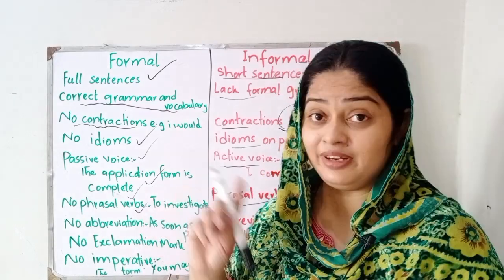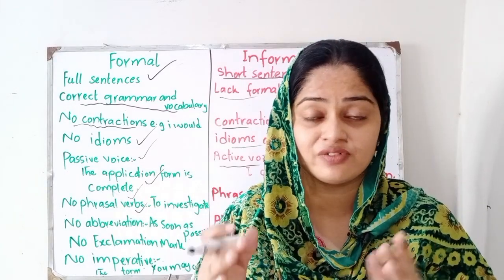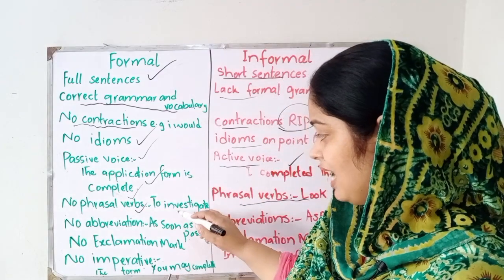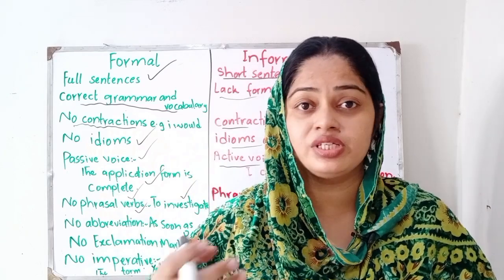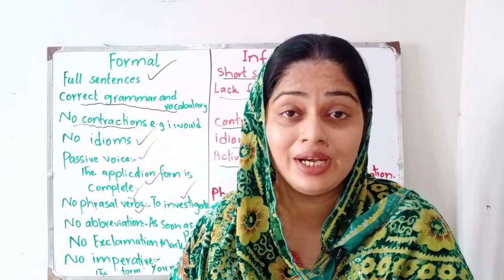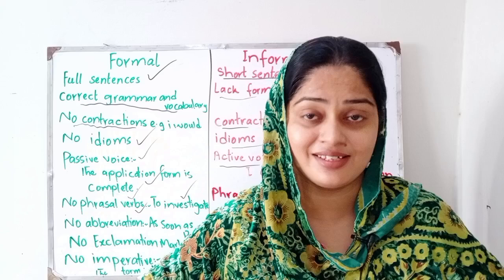Next, no abbreviation. No abbreviations, no idioms, no phrasal verbs in your formal conversation. Like to investigate, directly say to investigate. Don't say to pop into or to probe into, to look into. No, just say to investigate.